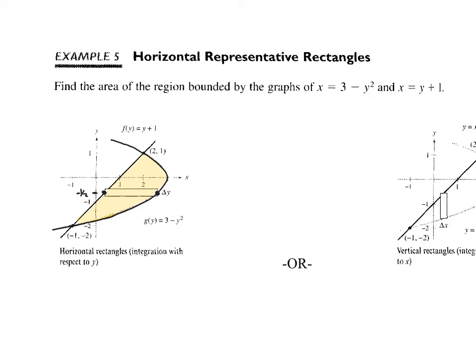If I do 3 minus (negative 1/2) squared, that is 3 minus 1/4, so that's 2 3/4.